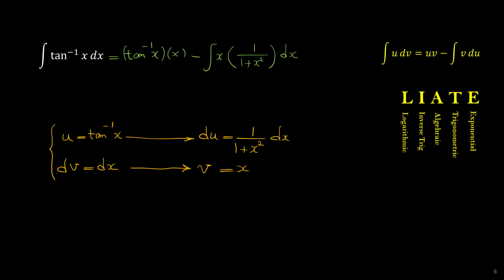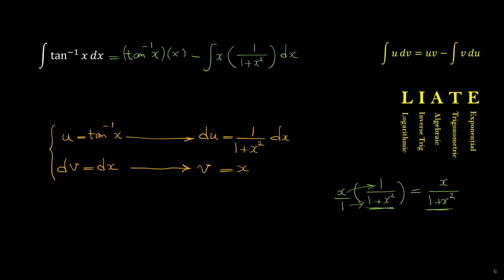But note that x times 1 over 1 plus x squared is actually x over 1 plus x squared. Because you can put a 1 in the denominator of x, and when you multiply these two fractions, x multiplies by 1, which is x, and 1 times this denominator will be the same denominator.